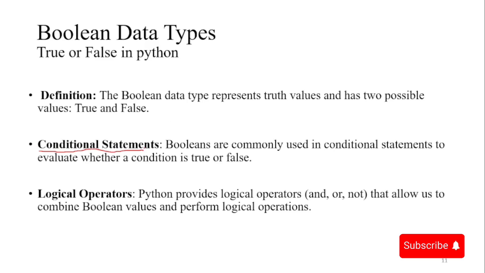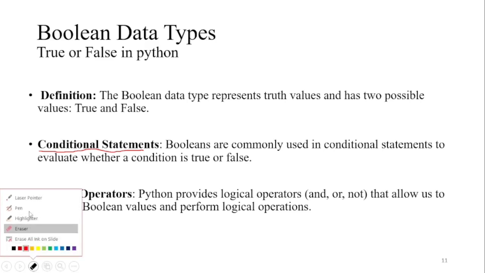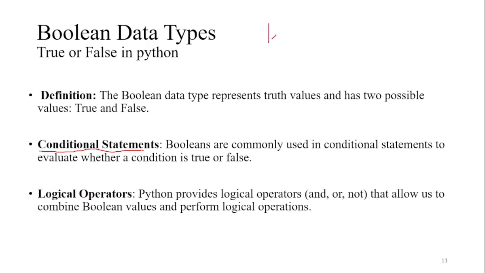For example, I have my variable. I've used A many times, so let me use a different variable. Let me say K is less than 28.